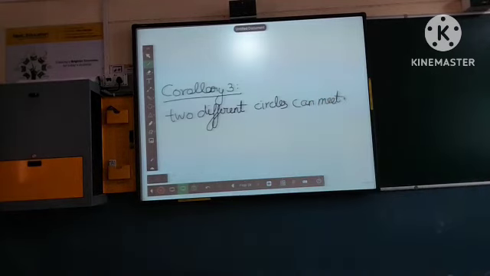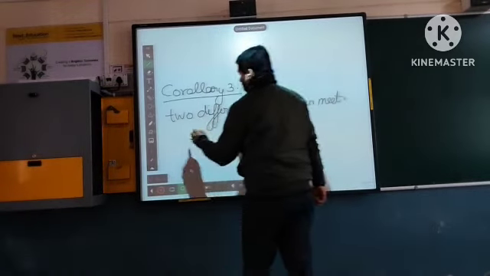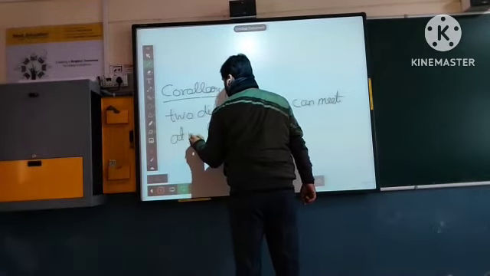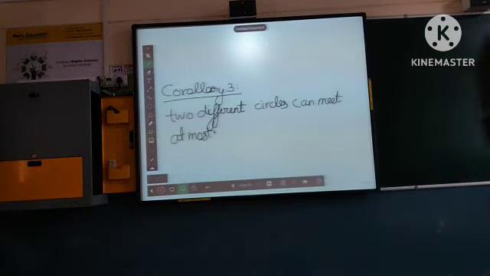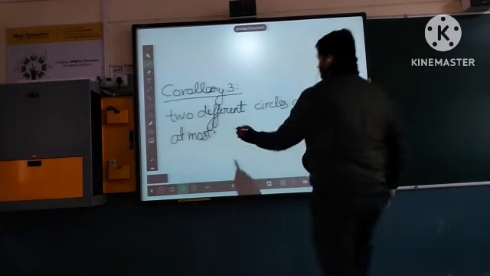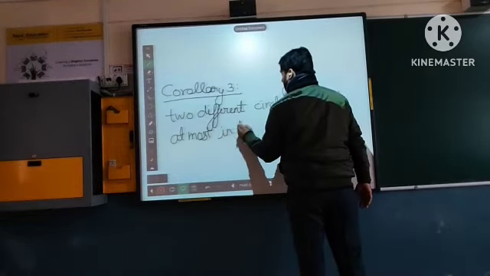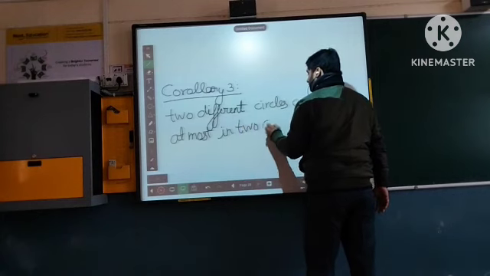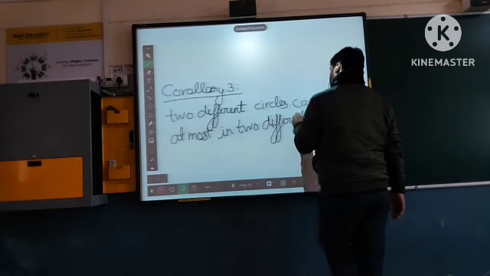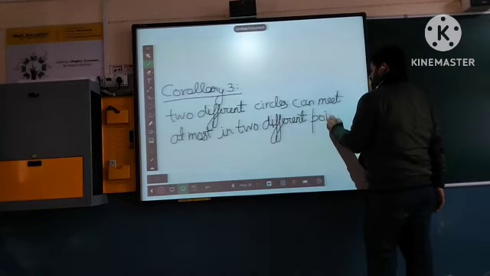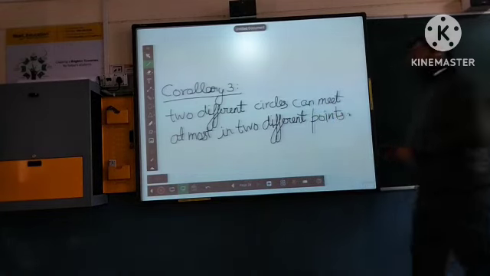So two different circles can meet at most in two different points.